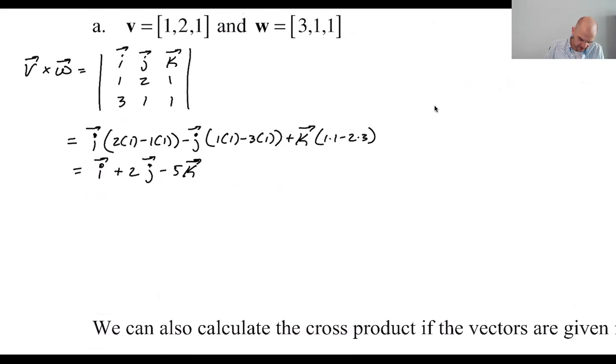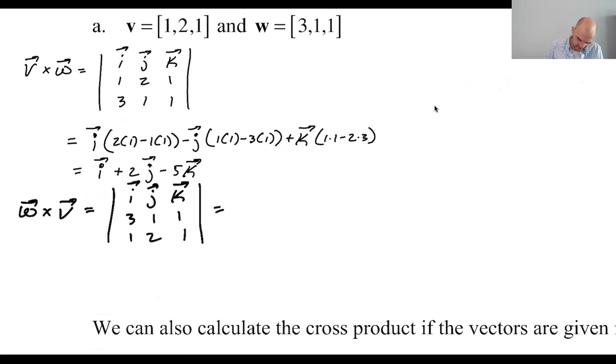Now, if I do w cross v, let's see what happens. I already know what's going to happen, and so do you if you think it through, right? We're swapping 2 rows in a determinant: 3, 1, 1, 1, 2, 1. If you swap 2 rows in a determinant, what happens?